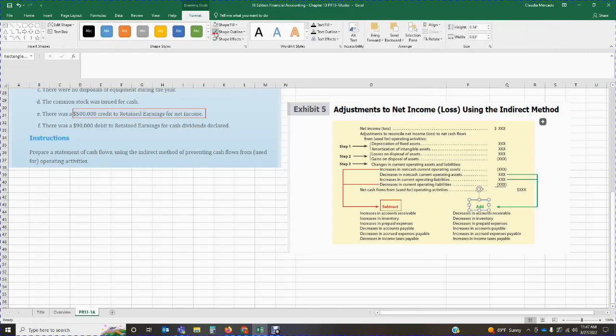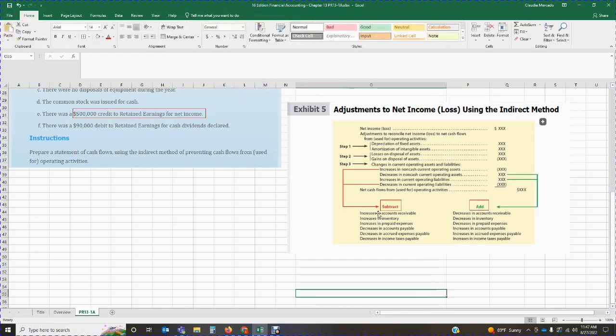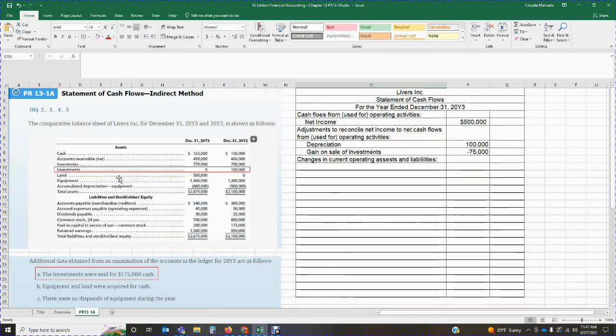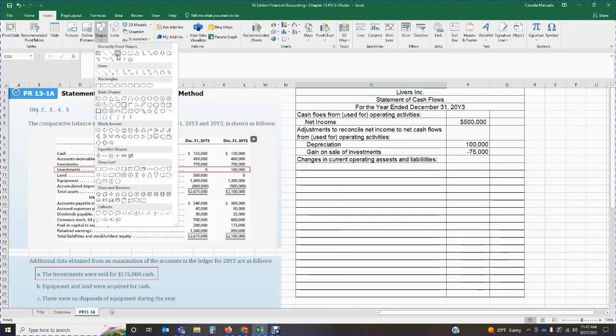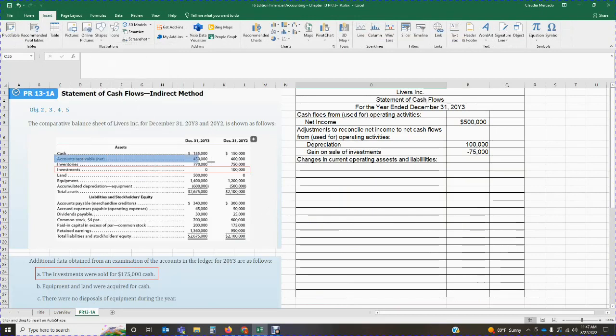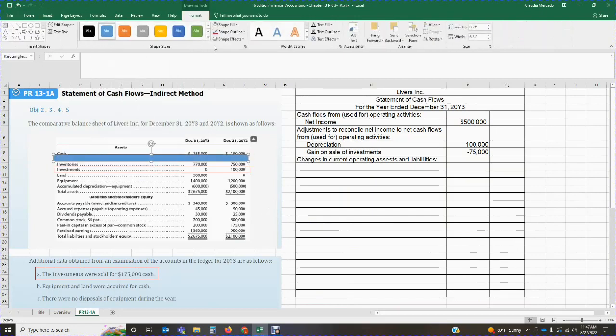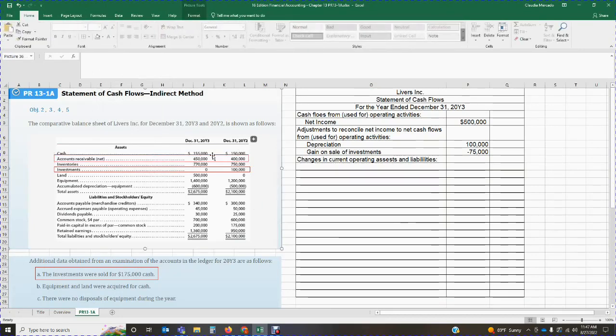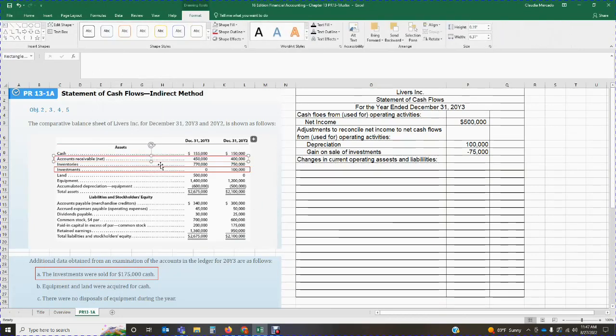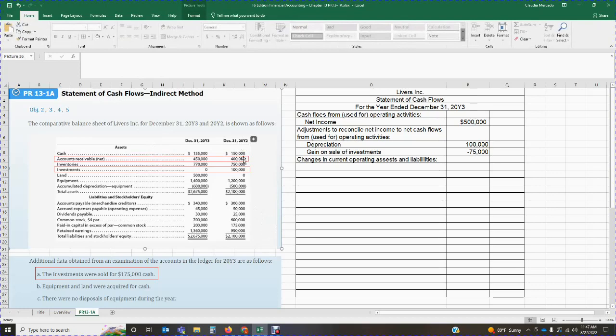So the first thing we have to look at is, do we have any increases or decreases in our accounts receivable? Let's look at our accounts receivable account. Accounts receivable is right here. If we look at accounts receivable, we see that in 20Y2 we had 400,000 and in 20Y3 we have 450,000.